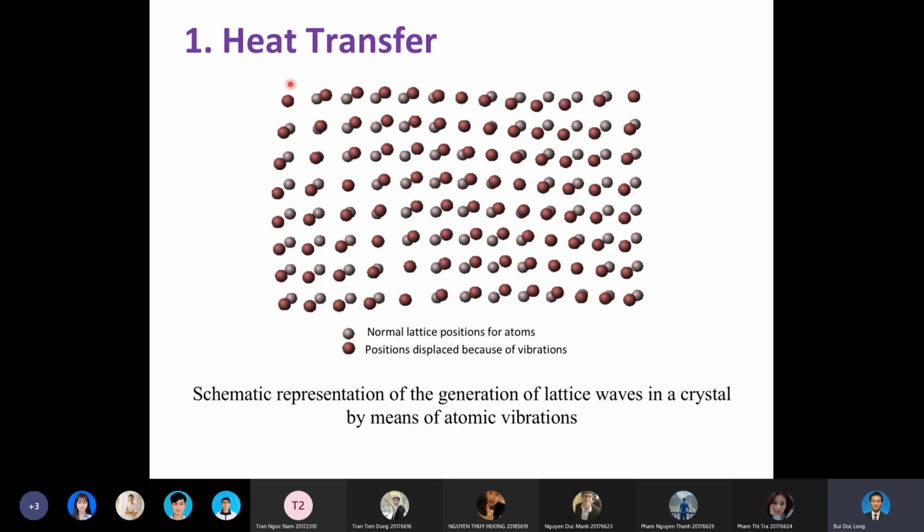As this flows, the heat will transfer from the hot side, the side where the object receives the energy, to the colder side, which has less energy. So this is at a microscopic level.